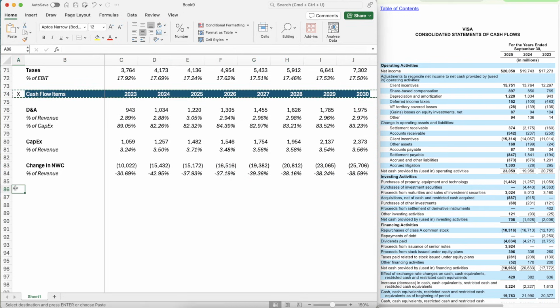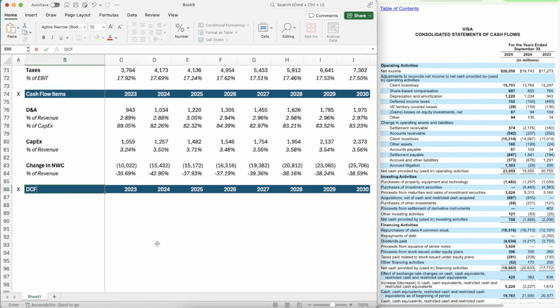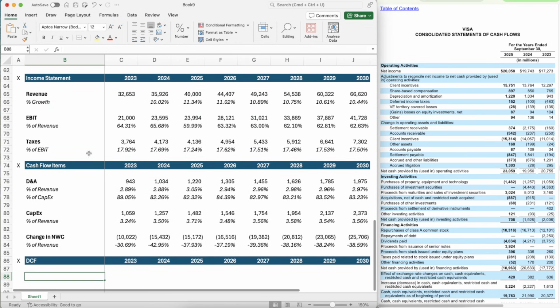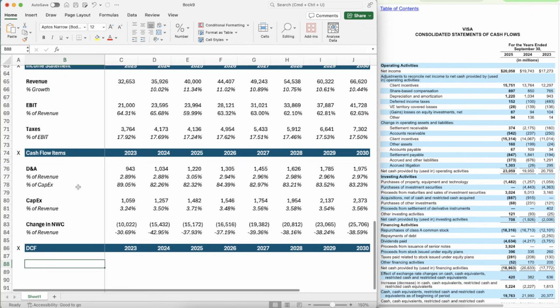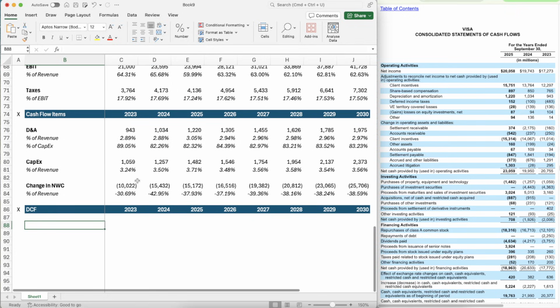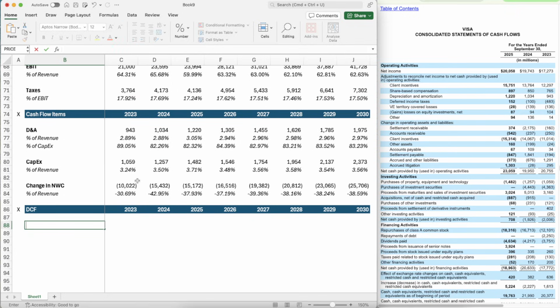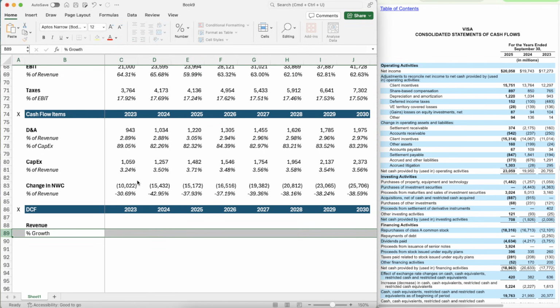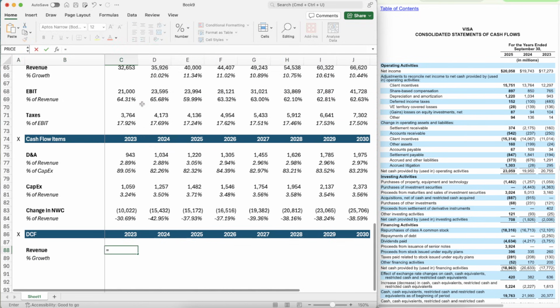Now we're on to the DCF. On this bit, we're basically just going to copy all of this down again, but you'll see how we do it, because there are certain figures that we need to calculate. So again, we go equal revenue growth, we need that, is equal to what we have here.